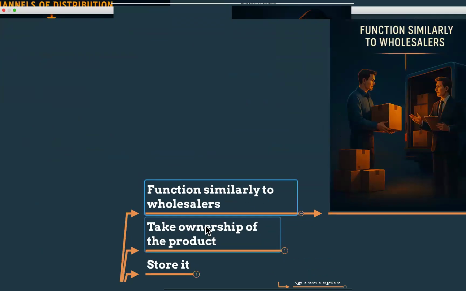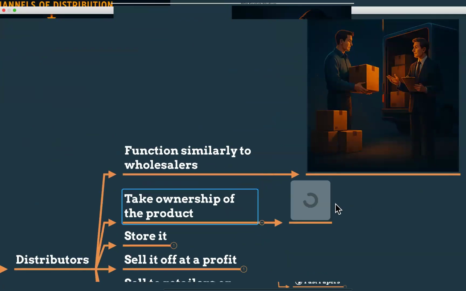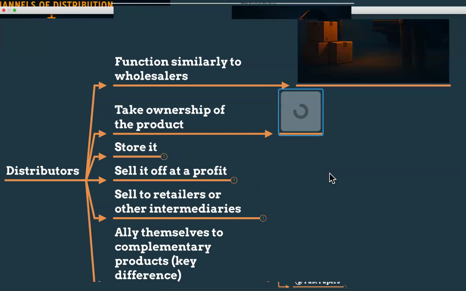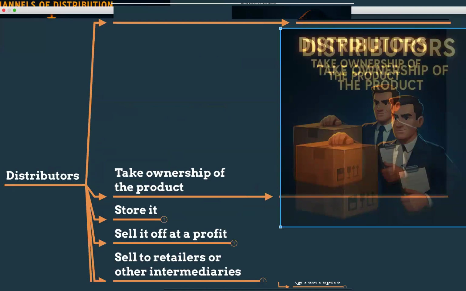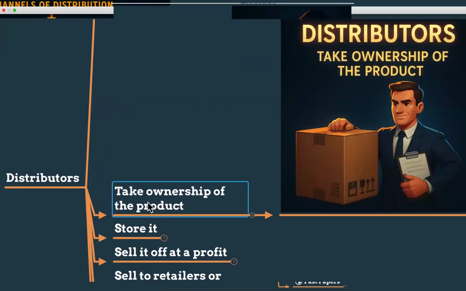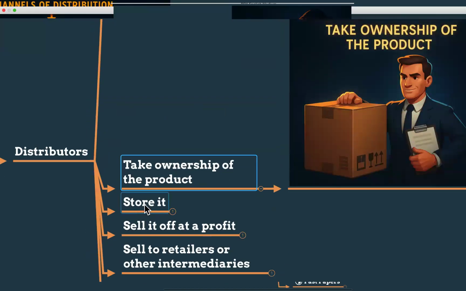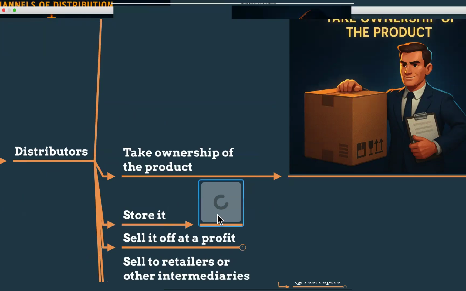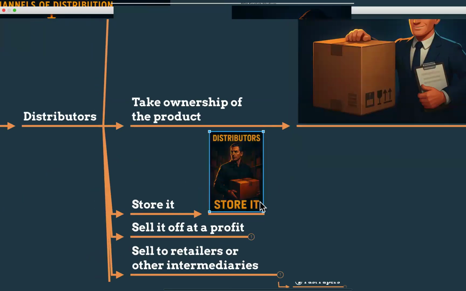At the same time, they have the ownership of the product, right? As distributors, they have to take the ownership, not like agents. They have to buy the product with their own cash, their own money, and at the same time they are taking the risk, and they will store the product in their own warehouses also.